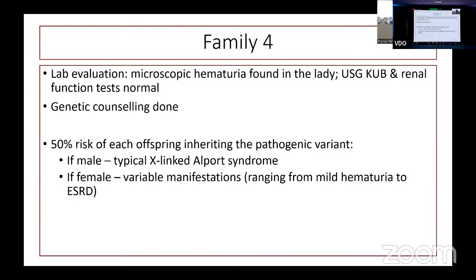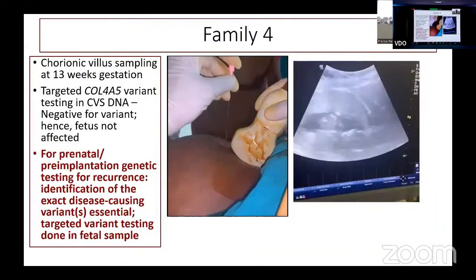And we know that there is a 50% risk of each offspring of this lady inheriting the pathogenic variant. Now, if it's a male child who gets the variation, the child will have the typical X-linked Alport syndrome phenotype. If it's a female child who inherits the mutation, there could be variable manifestations ranging from sometimes asymptomatic to only mild hematuria to sometimes even very severe end-stage renal disease.